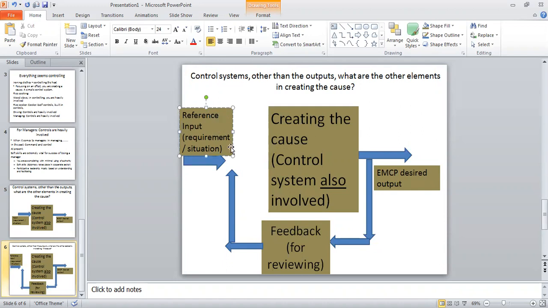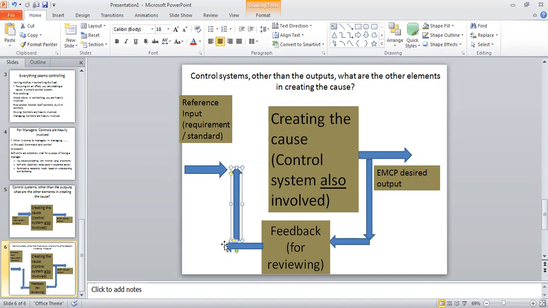input. This can be requirement, situation, or standard. Standard or something. We have to comply with this. So if we compare, then there should be comparison after that. So you have the reference, meeting feedback.